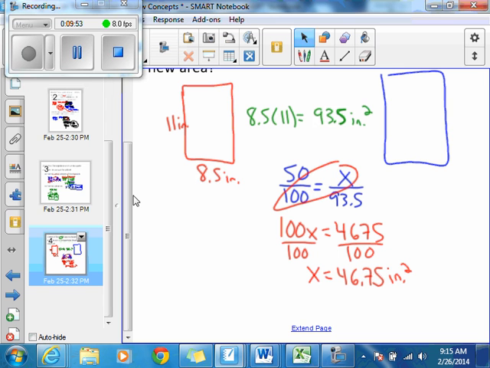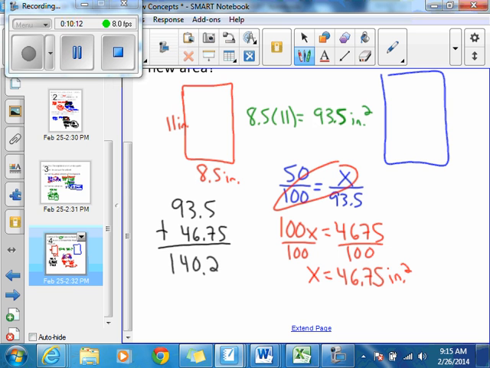So we're going to go back to our original area, which is 93.5, and we're going to increase it by 46.75. So if we take 93.5, increase it by 46.75, we get a grand total of 140.25 inches squared. So the new area would be 140.25 square inches.